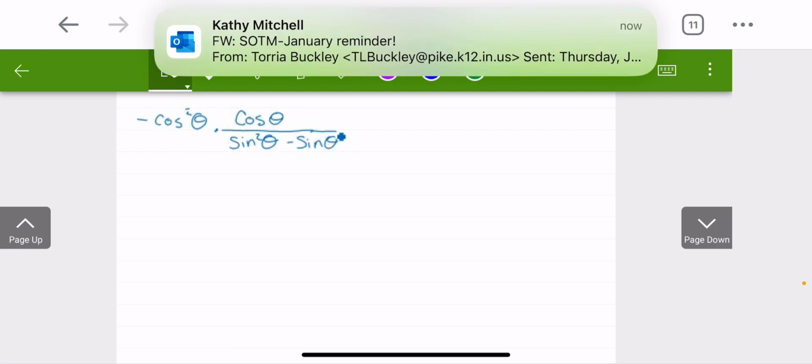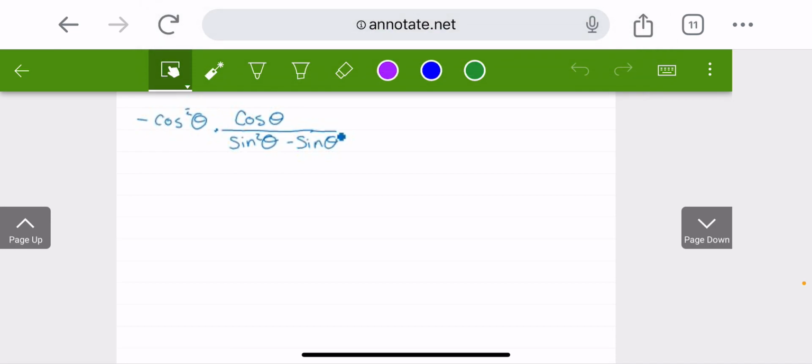Okay, what can I do next? If it was adding and subtracting, we would need a common denominator. But since it's multiplying, does it have to have a common denominator? No, multiply across.